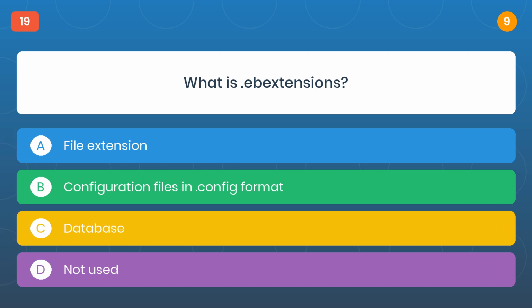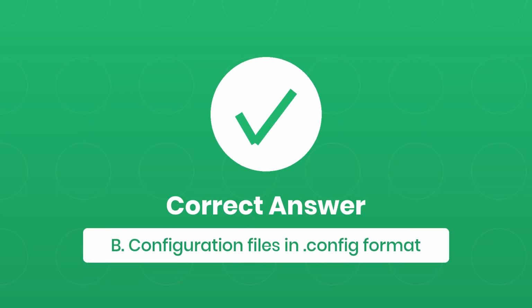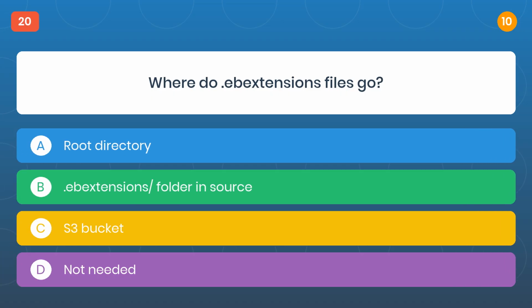Question 19. What is ebextensions? The correct answer is B, configuration files in config format. Question 20. Where do ebextensions files go?